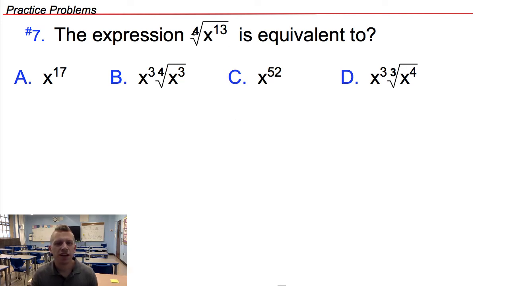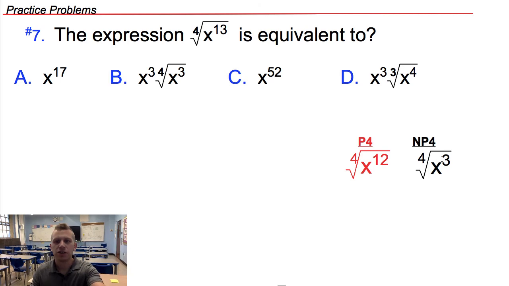Here's another one with an index of 4, and here we're dealing with x to the 13th. 4, 8, 12, 16. So this is not a perfect fourth. So I need to find the largest perfect fourth that goes in. 4, 8, 12. It looks like it's x to the 12th. And x to the 12th times what will be x to the 13th? Well, because I'm adding the exponents, 12 plus 1 is 13. So I'll write this as x to the 1st, not 3rd.